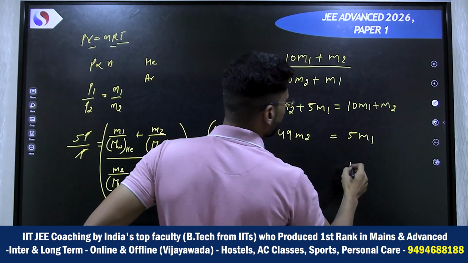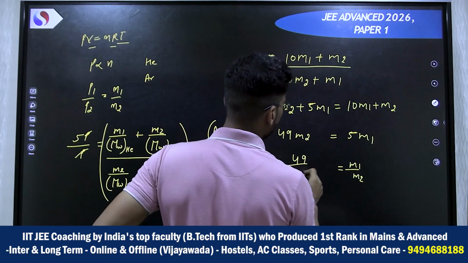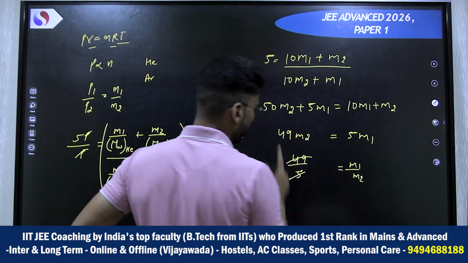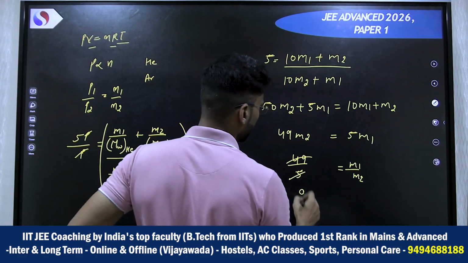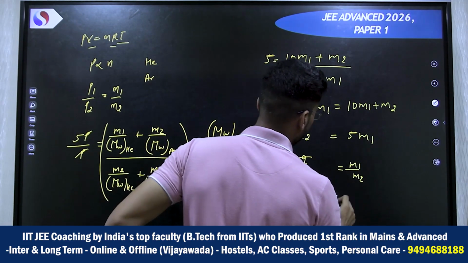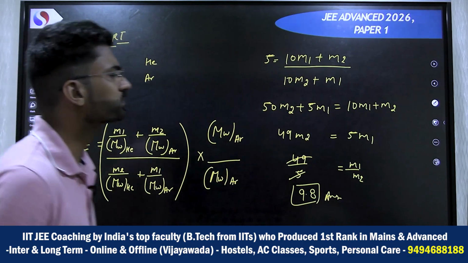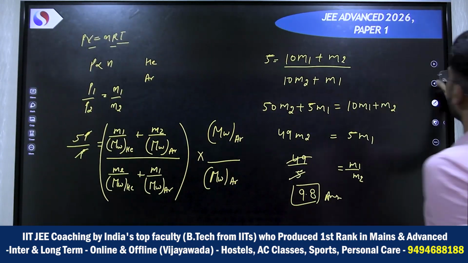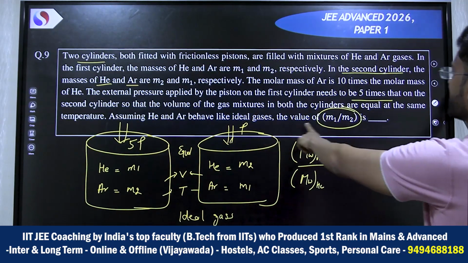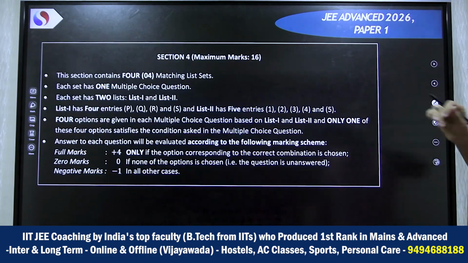So M1 by M2, which we have to calculate, is 49 by 5, which is 9.8. This will be the answer. How simple a question they asked. Let's see if they ask anything else. No, they just ask to calculate M1 by M2. So this is 9.8. Next.